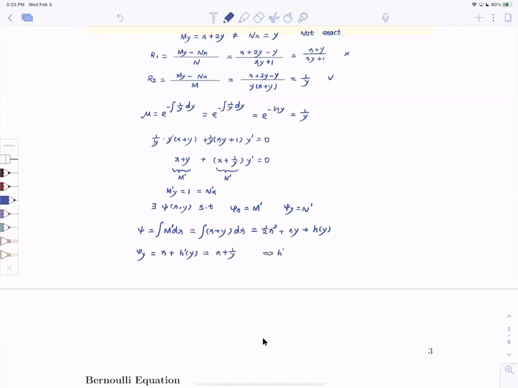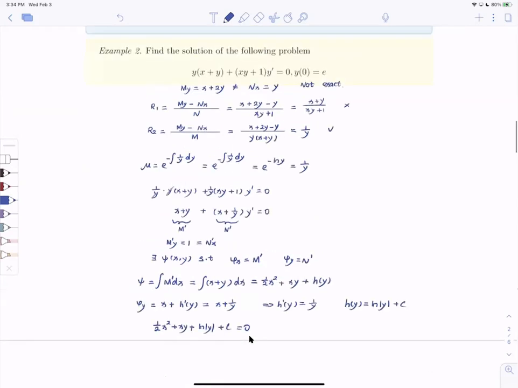So h prime of y equals 1 over y, and h of y equals ln y plus c. So we have 1 over 2 x squared plus xy plus ln y plus c equals 0. Okay, that's it.